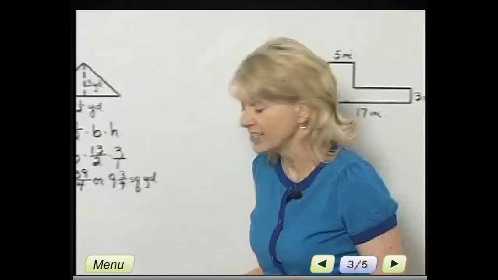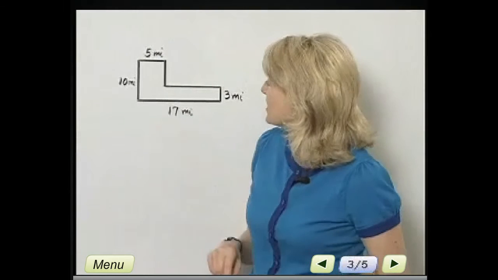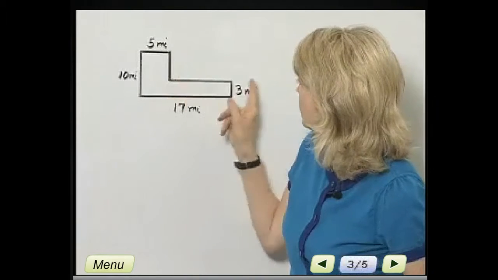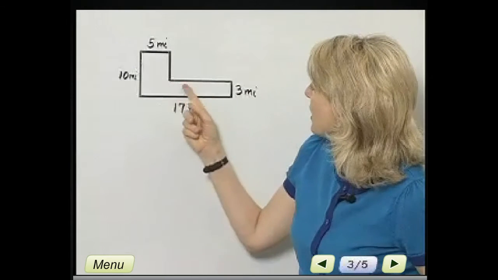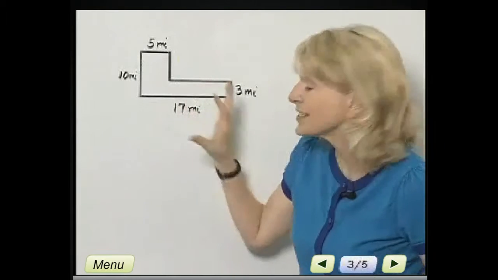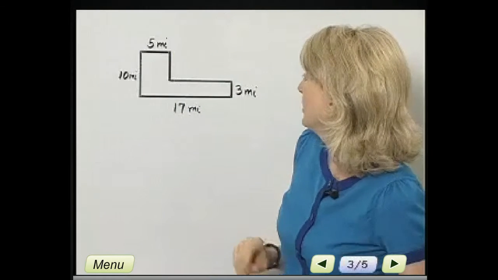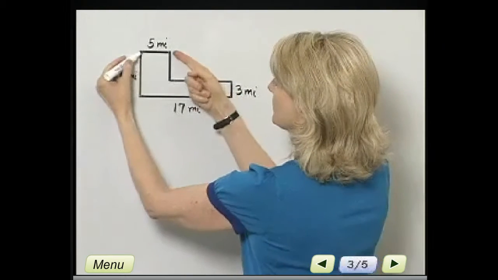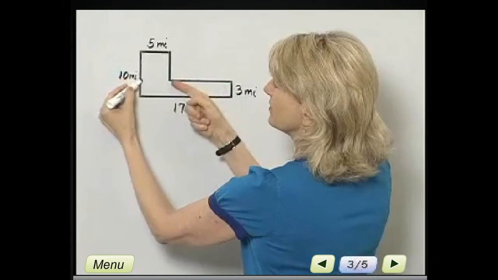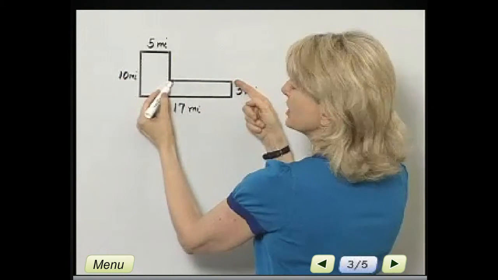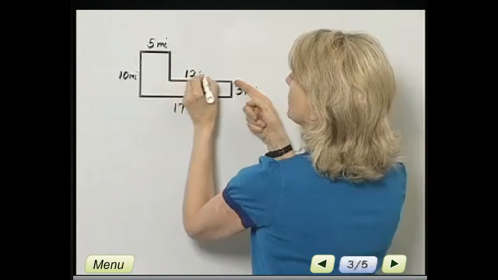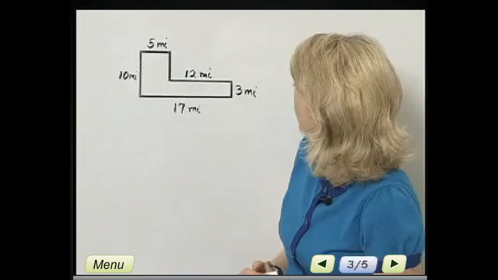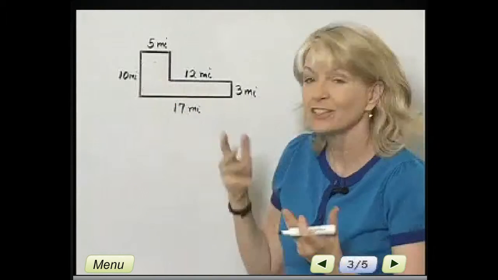Let's continue finding area. I want to find the area of this figure. Well, we have all kinds of units here. By the way, is it possible to find this length just studying the figure for a moment? Since this is 17 miles, and this, or think equivalently, this is 5 miles, this is 17 minus 5, or 12 miles, but we still need to find out how we can calculate the area of this L-shaped figure.